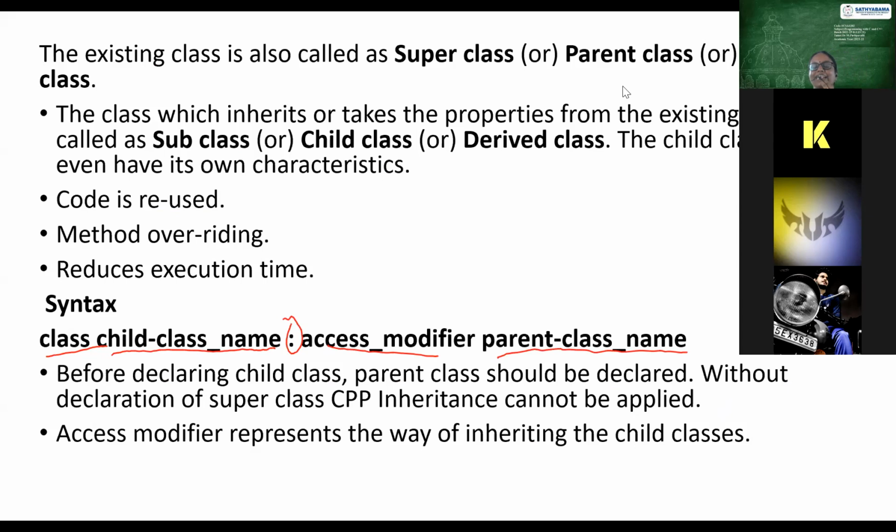I can inherit the property now, so I can specify whether it is public, protected or private. Please students, kindly take this down. It's a very important syntax. Without this syntax, you can't explain any of the types of inheritance. So please kindly note down the syntax.